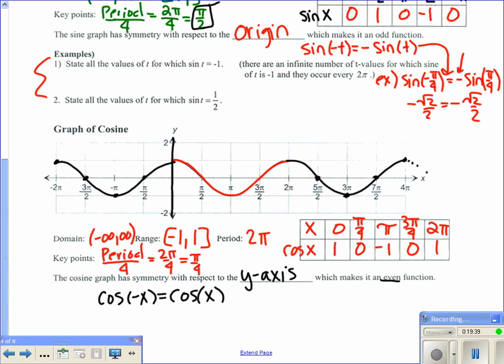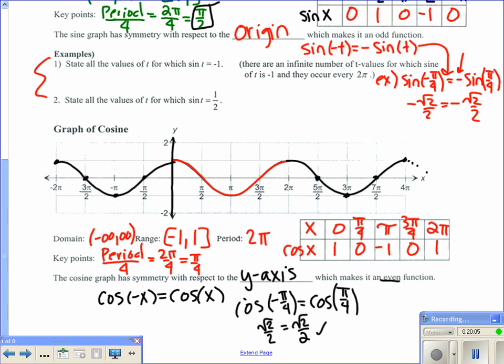And I can show that with some numbers. So if I do the cosine of negative pi over 4, it should be equal to the cosine of pi over 4. So the cosine of negative pi over 4, I know, is equal to root 2 over 2. And then the cosine of pi over 4 is also equal to root 2 over 2. So that just shows that they are equal and it works.